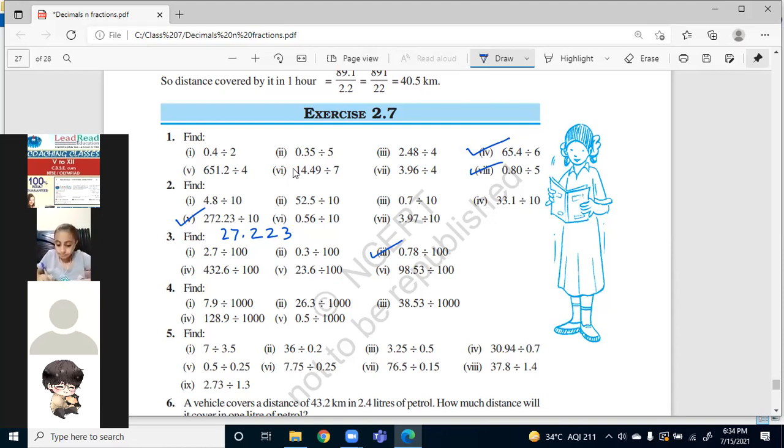Samraj, do tell me what is the answer for the third part. The answer is 0.0078. Yes, ma'am. Very good, 0.0078. Okay, so now I am choosing question number 4, fifth part.